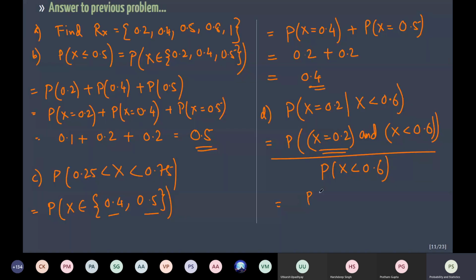So this will be the probability that x is equal to 0.2 in the numerator, and the denominator is the probability that x is less than 0.6.